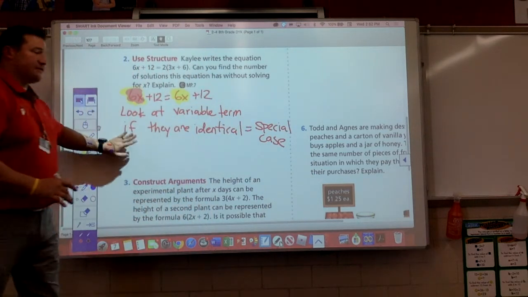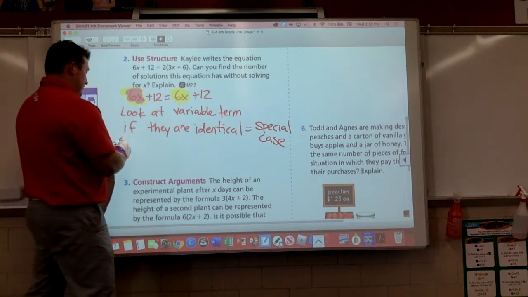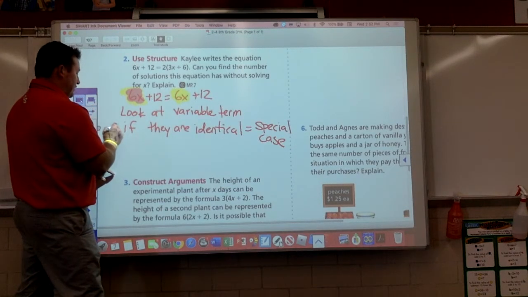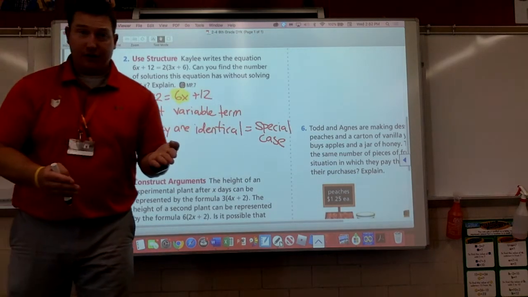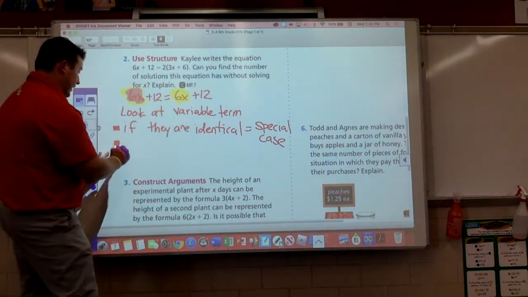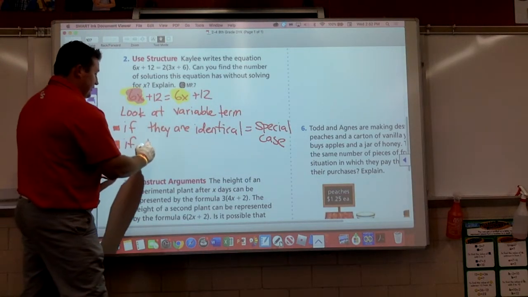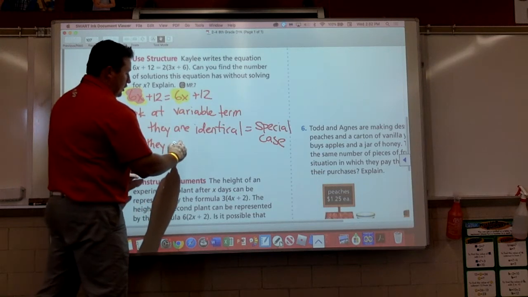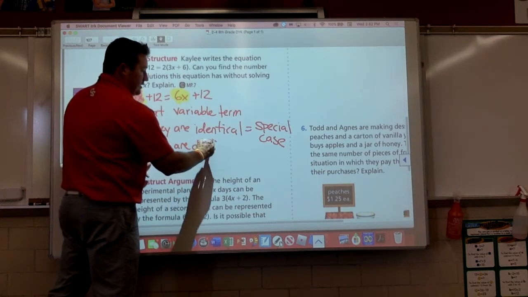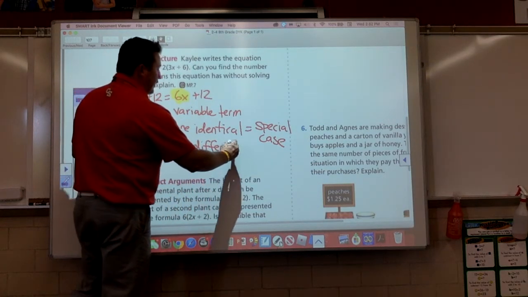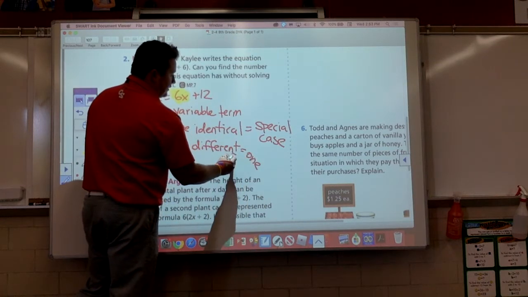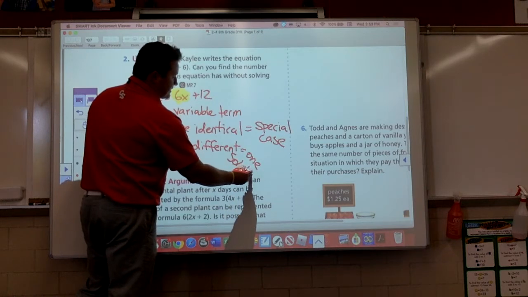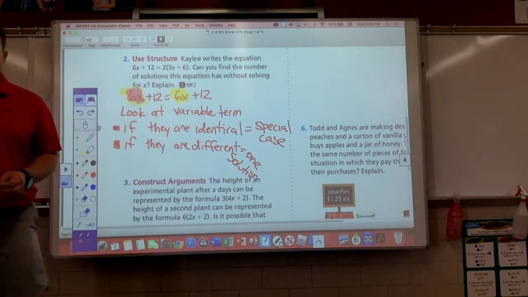If this doesn't happen, what's the other thing that could happen, folks? Well, they're either going to be identical or they're not going to be identical. If they are different, this is what we know all of our equations to be: one solution.